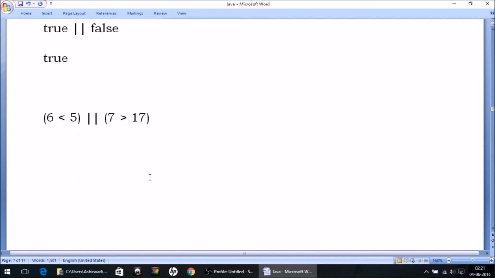And in this example, 6 less than 5 is false, or 7 greater than 17 is also false. Since we are getting both false, we can conclude that the ultimate result is going to be false. Okay, so this is the OR operator.